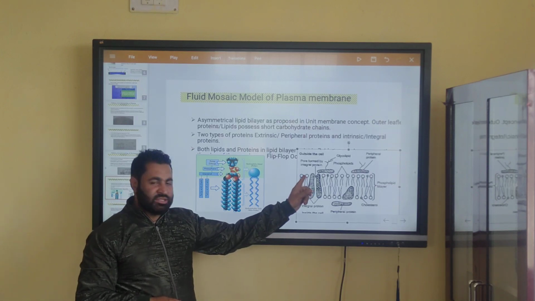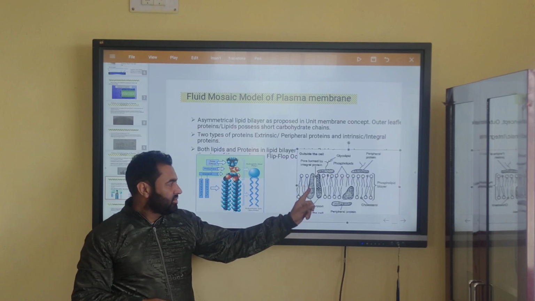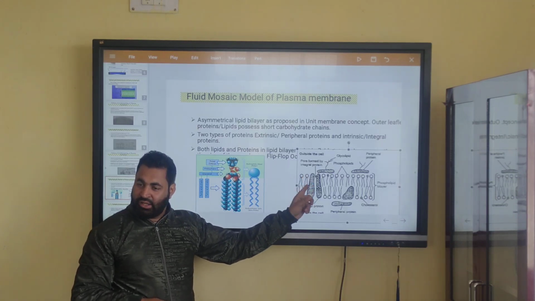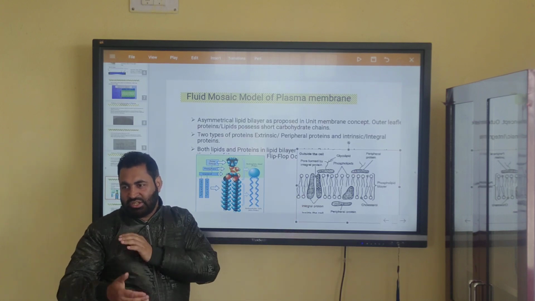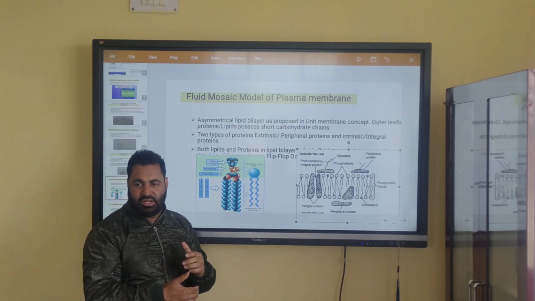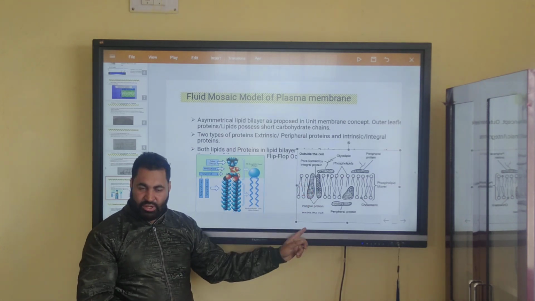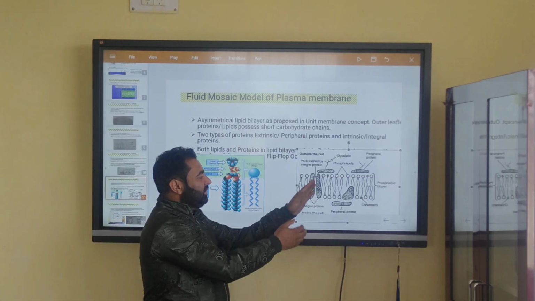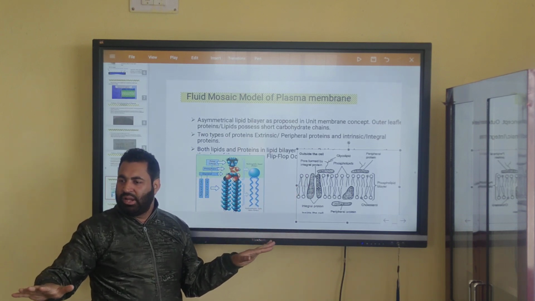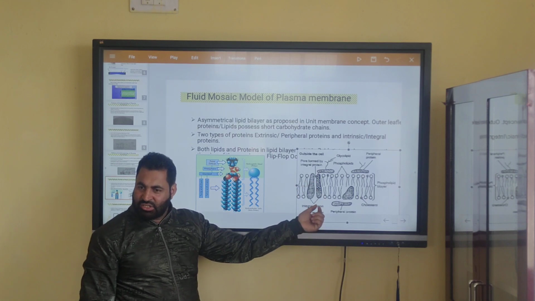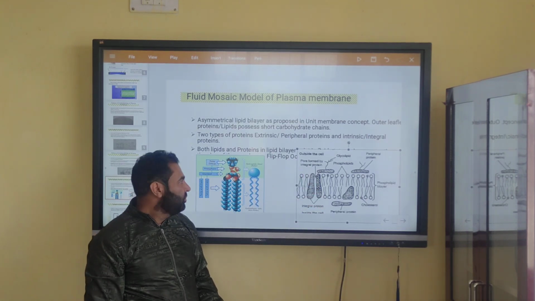A phospholipid has one phosphate moiety and then two fatty acid chains. The phosphate moiety is hydrophilic and these fatty acid chains are hydrophobic in nature. Detergent also is amphipathic in nature. It has a hydrophilic region and a hydrophobic region. So detergents will interfere with this phospholipid bilayer and disrupt it. Once this lipid bilayer is disrupted, these proteins will be removed.